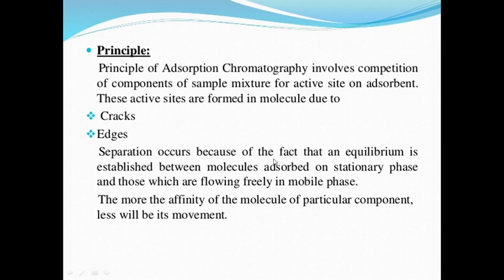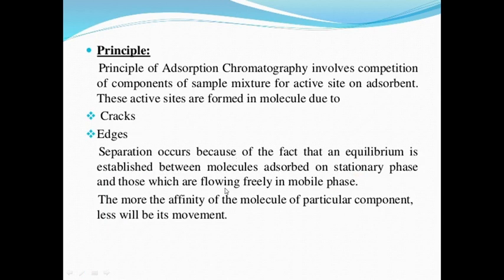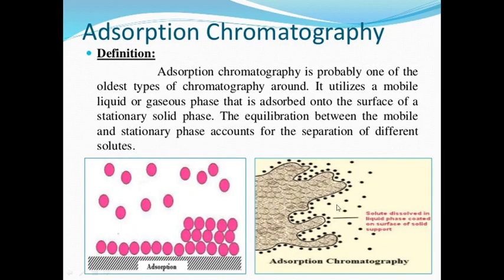The separation occurs because an equilibrium is established between the molecules adsorbed on the stationary phase and those which are flowing freely in the mobile phase. These are the free molecules freely flowing in the mobile phase, and the equilibrium established between these adsorbed components and freely flowing components between two phases decides the rate of separation.